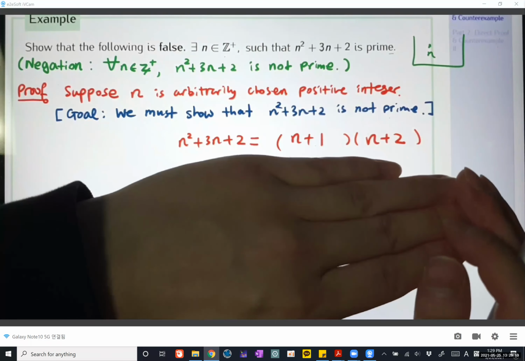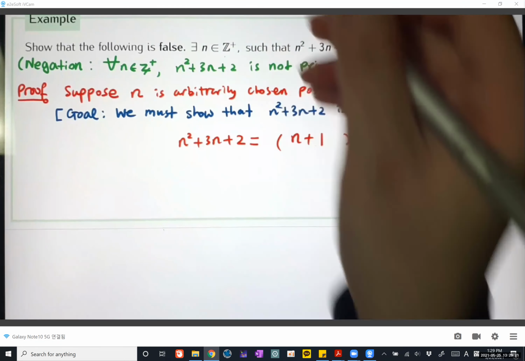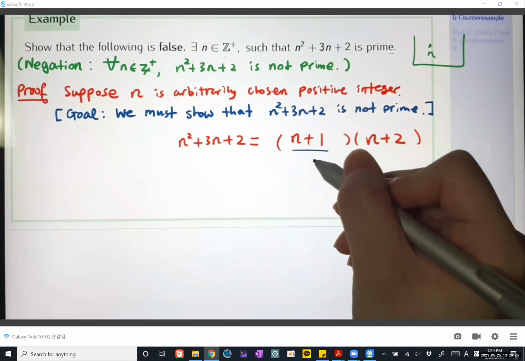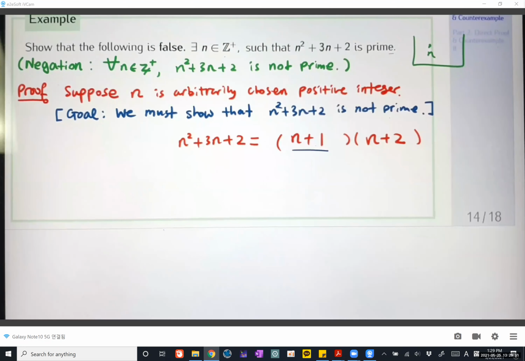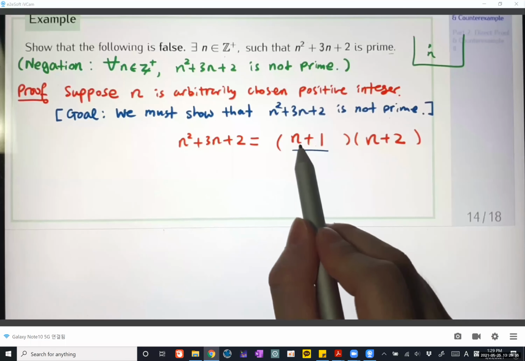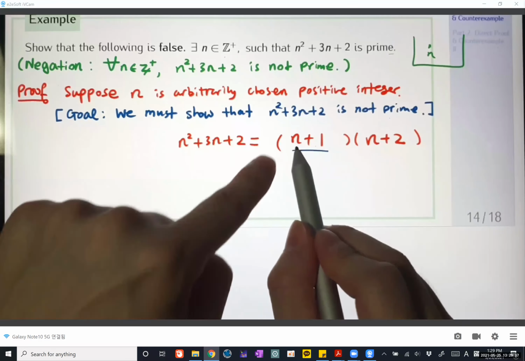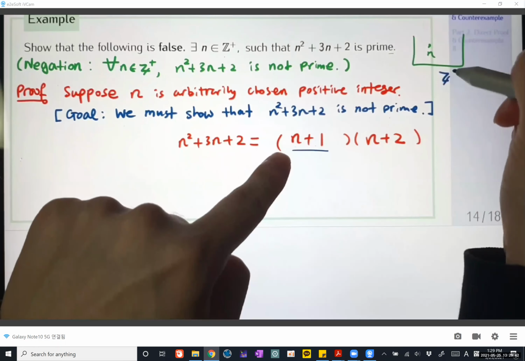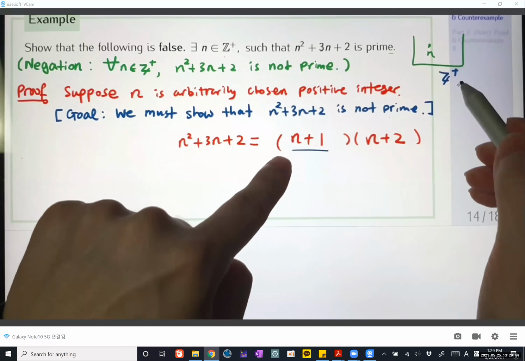Now, tell me, do you think n plus 1 is equal to 1 or more than 1? Here, n is chosen to be in the set of positive integers, Z plus.